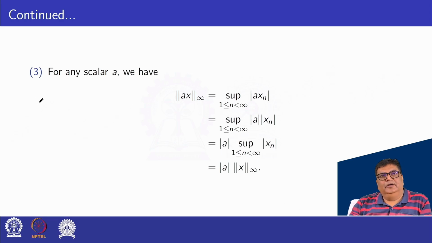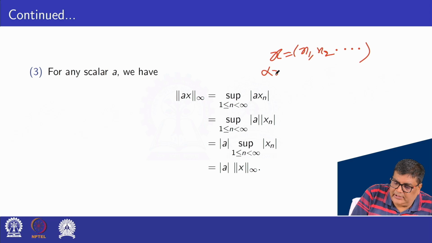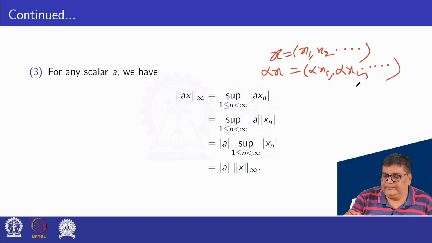Third condition, for any scalar a, we have norm ax defined as the supremum of mod axn. Because if x is equal to x1, x2 and so on, then alpha x is equal to alpha x1, alpha x2 and so on.